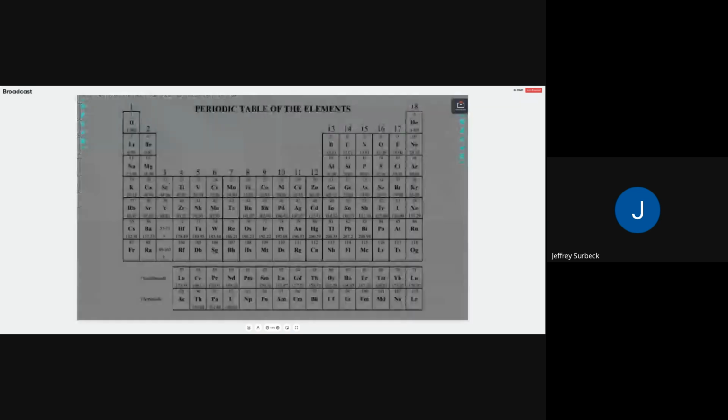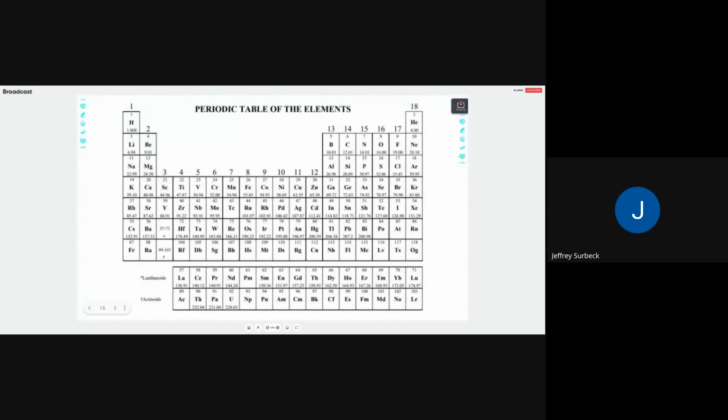All right. So I want to make this statement here with our charges, and that is this. With our charges, each group will form the same ionic charge because they have the same number of valence electrons.